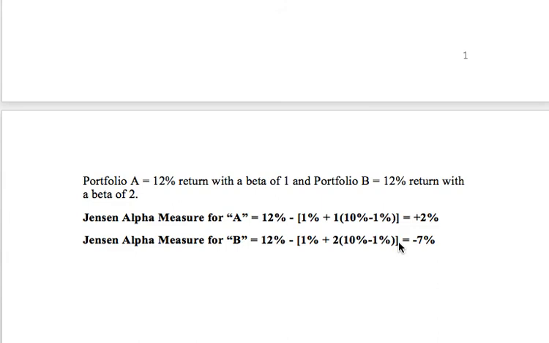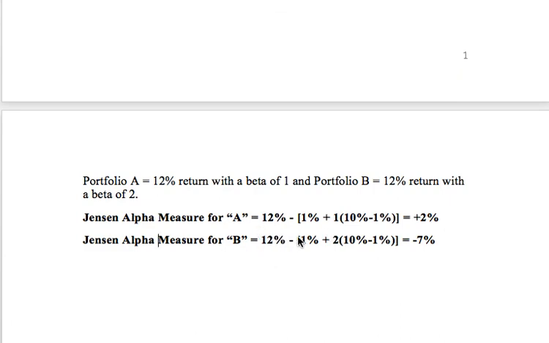So if we look at it for B, in this case, we're expecting 12%. The risk-adjusted rate of return, we have that beta here of 2. So 1% plus 2 times the quantity of what we expect the market to do minus this 1% will give us a minus 7. So once again, in other words, this particular portfolio B has underperformed the market given the risk. In each case, 12%.